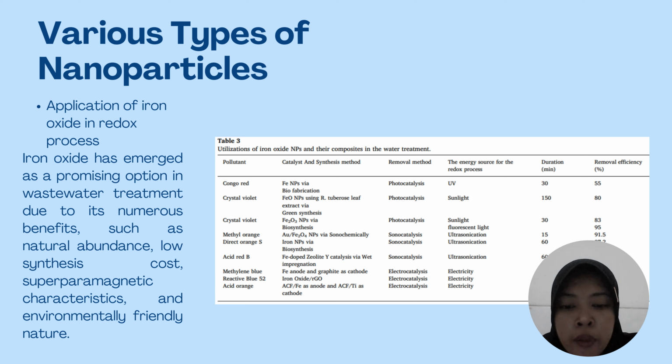It is available in various forms including magnetite, maghemite, hematite, and iron oxyhydroxide and metallic zero-valent iron.